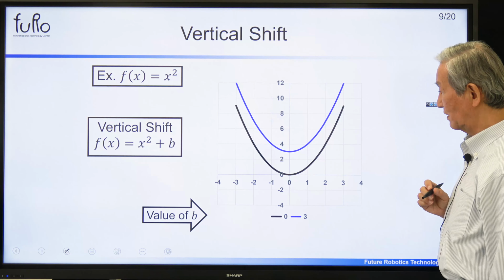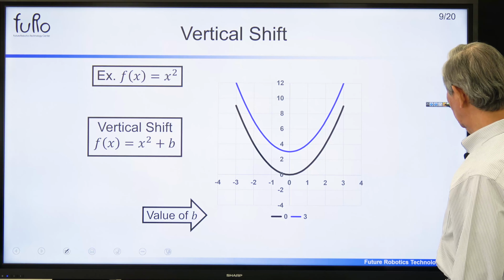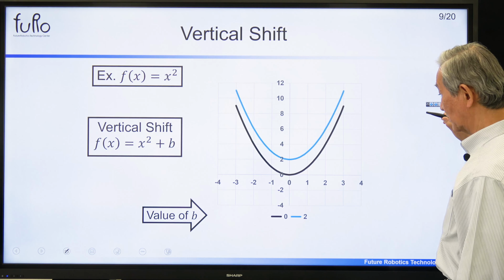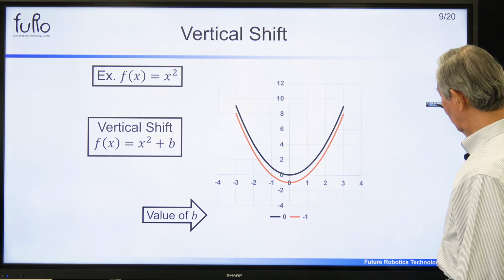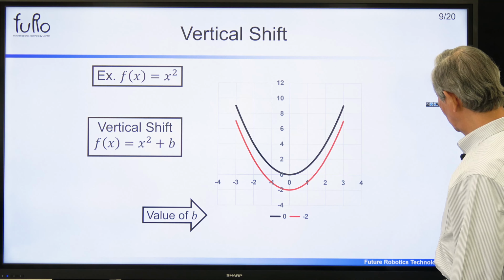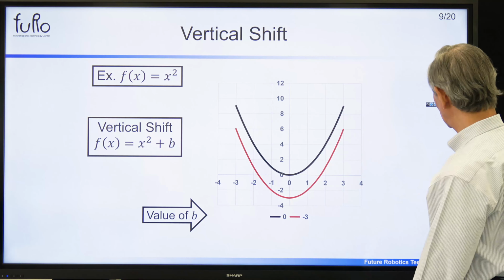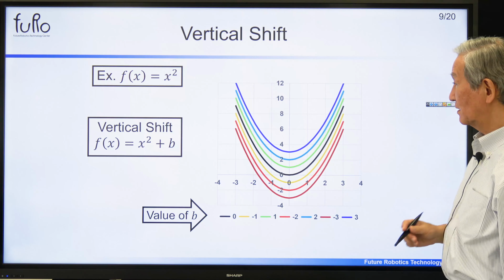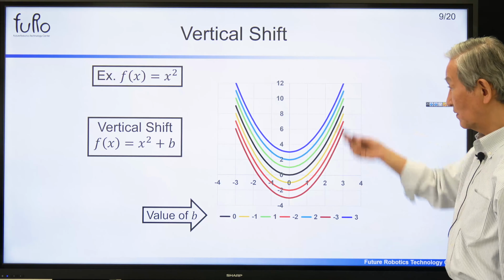If b is equal to 3, that's this one here. Then b is equal to 2, 1, negative 1, negative 2, negative 3. So, as you can see, adding b, you are shifting the function vertically.